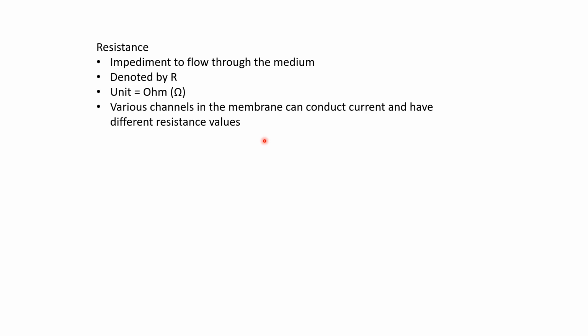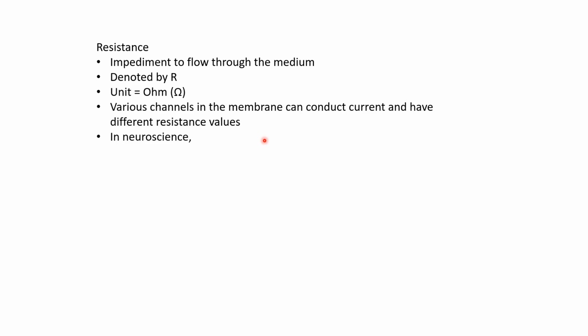The region where the current flows through are the ion channels that are embedded within the membrane, and because these ion channels are proteins that have finite sized pores through which the ions flow, it's not that the ions can flow freely without any hindrance at all. Because of the finite size of the pore, there is certain hindrance, and that's where the resistance comes into play. So these channels present certain resistance to the flow of current, and different channels would have different resistance values.